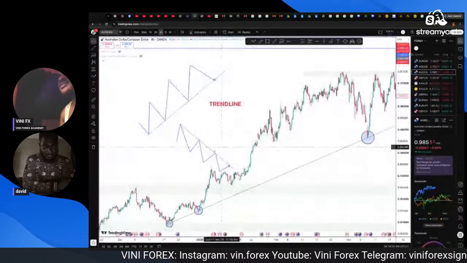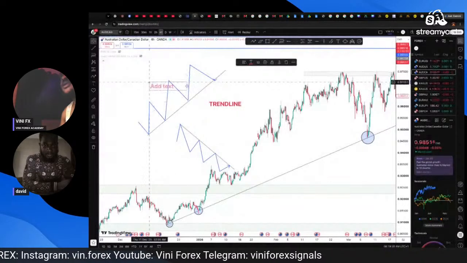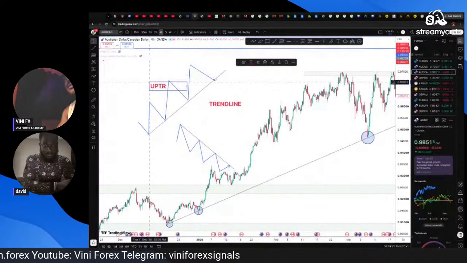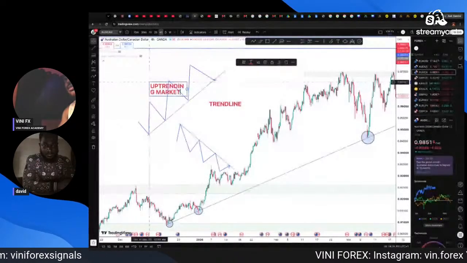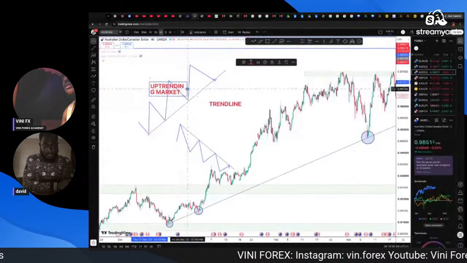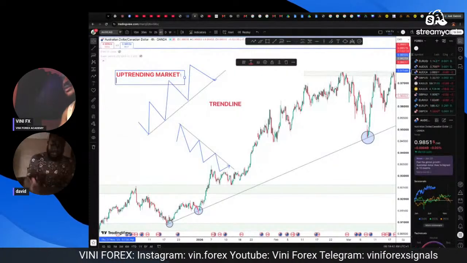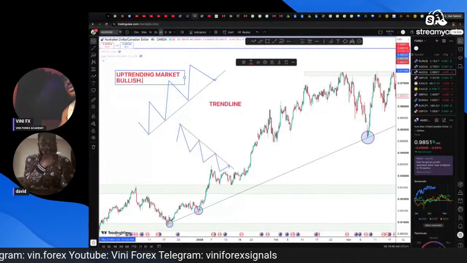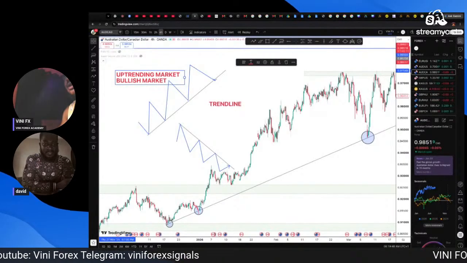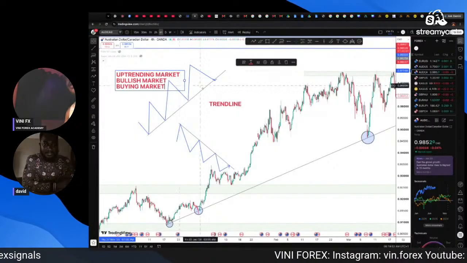So this one here is an uptrend. An uptrending market, which can also be called a bullish market or a buying market.